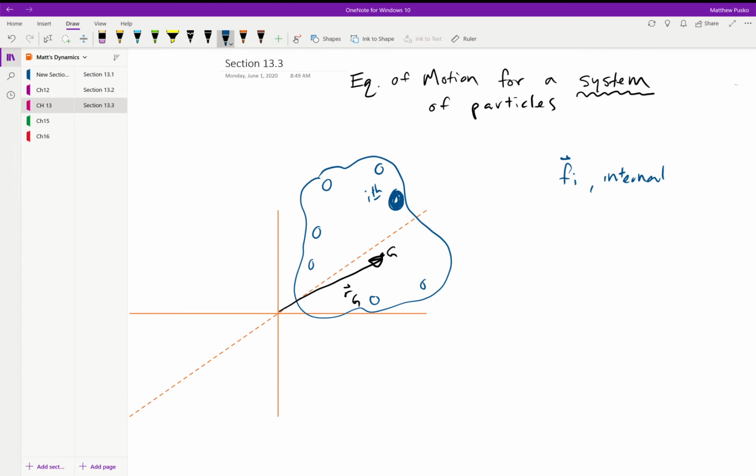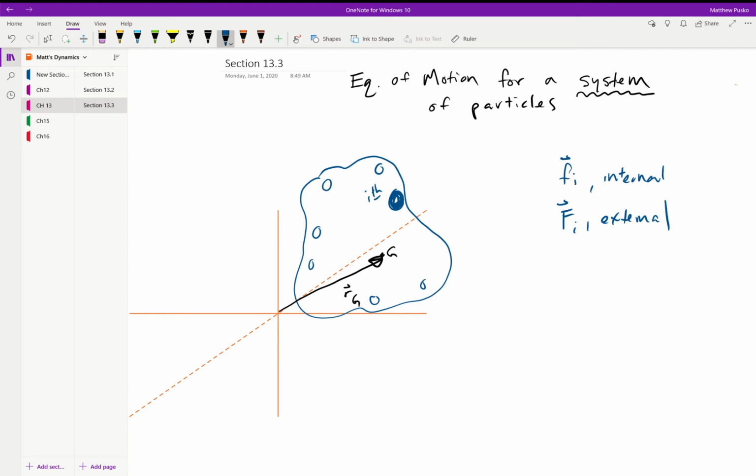The resultant external force, big F, represents the effect of these other forces between the ith particle and the adjacent bodies, which are not included in the system. I know that may sound a little hard to digest, but let's just take a look.